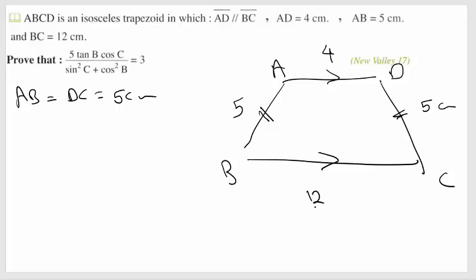How to find sine or cosine or tan without getting a right angle triangle and finding all its missing sides? So how can you find the right angle triangle here? I will draw a construction. I will drop a perpendicular line here, which is called AX, and a perpendicular line also here, which is called DY.